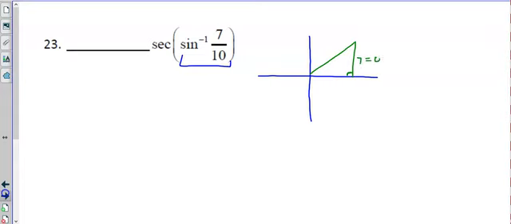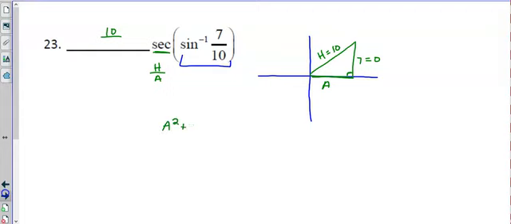Okay, and we're looking for secant. So remember, secant is the reciprocal of cosine. Cosine is A over H, so secant is H over A. So we already know our top number is 10. We don't know what the bottom number is yet. We don't know what our adjacent side is. So it's just like the one that we just did, only different numbers, pretty much.